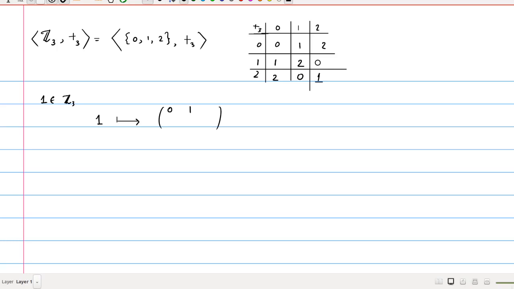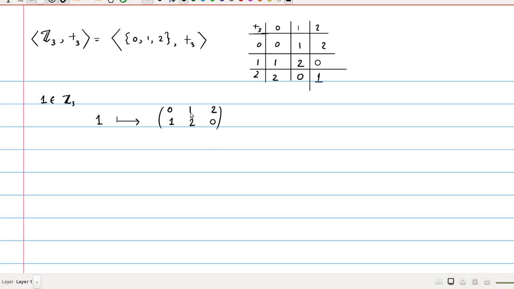We already discussed that the symbols are irrelevant. You can choose any 3 symbols. Using this 1, I operate it on each of these elements. So 1 plus 0 modulo 3 gives 1, 1 plus 1 is 2, and 1 plus 2 is 3, whose remainder is 0.